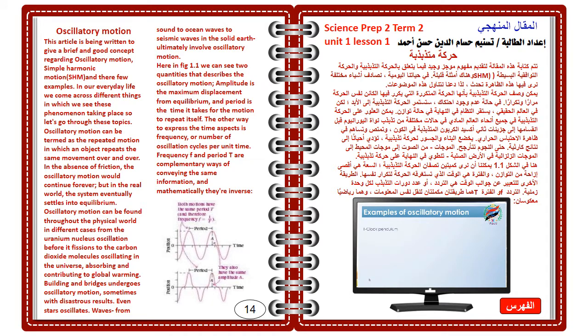So we have a lot of examples of oscillatory motion, like the pendulum, like the tuning fork. Look here, this fork makes vibration around the rest point. And a spring, look here, it's repeated regularly around the rest point in equal periods of time.